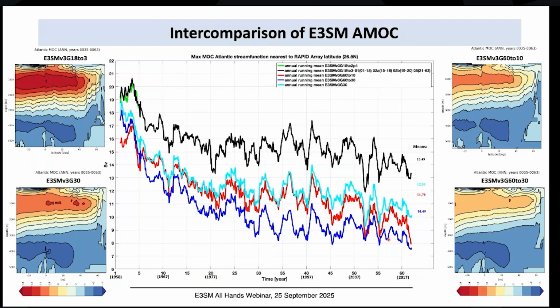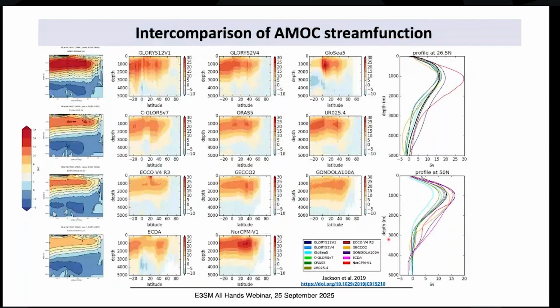So here we're showing the comparison of the overturning circulation to other stream function estimates, including the ones from a paper by Jackson et al. 2019, where they intercompare a number of ocean reanalyses, such as GLORYS, GLOSEA, ORAS, GECCO, and a number of other ones. The upper right panel represents the overturning maximum stream function at 26.5.